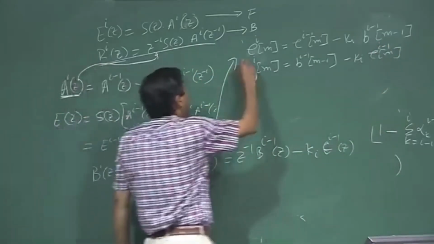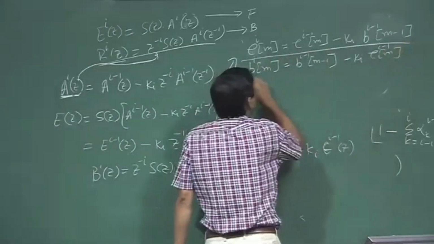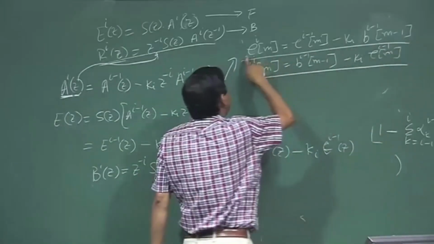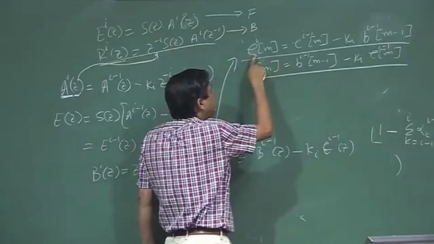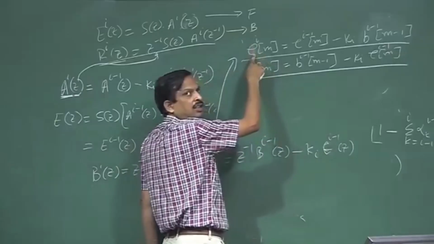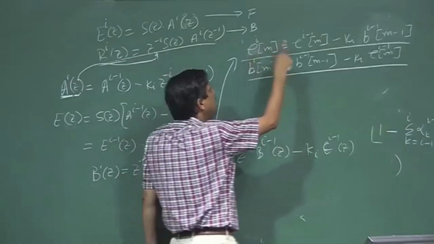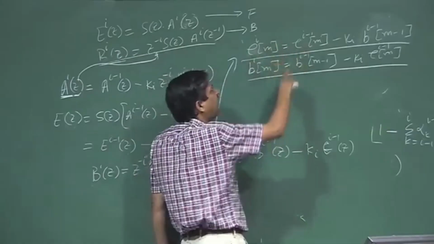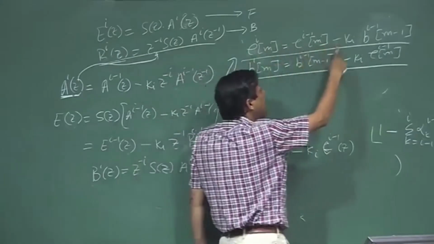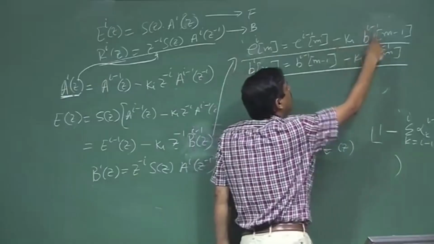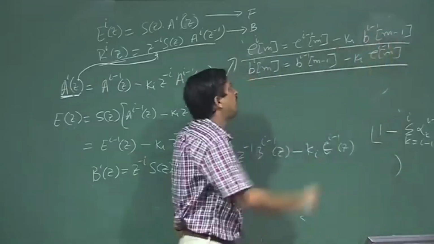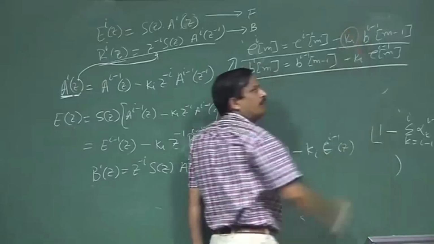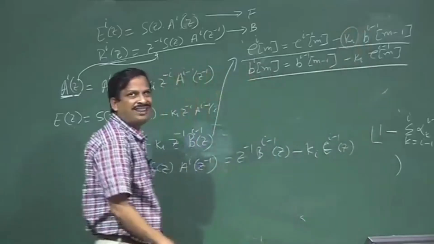So this is called the forward prediction error, and this is called the backward prediction error. I can easily say the ith iteration forward prediction error is equal to the (i minus 1)th iteration forward prediction error minus k i into b i minus 1 of m minus 1, where k i is the partial reflection coefficient.